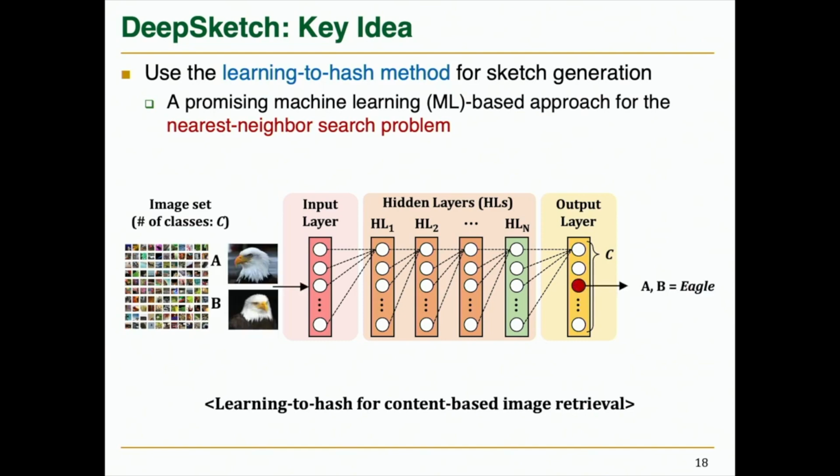It trains a deep neural network to classify a given image set and uses the last hidden layer to generate a binary hash value of an input image. If two images are similar enough to have the same inference result, it means that the activations in the last hidden layer are also likely to be similar, and so are their hash values.